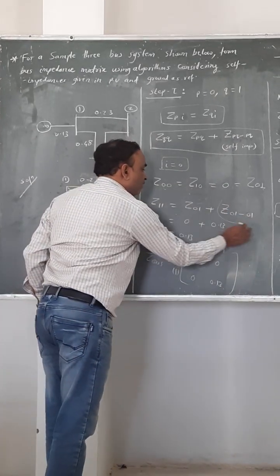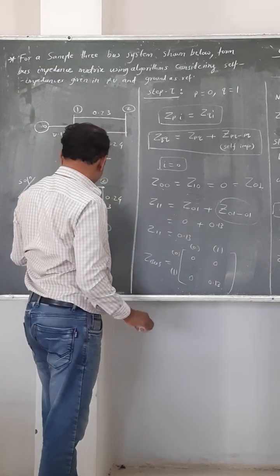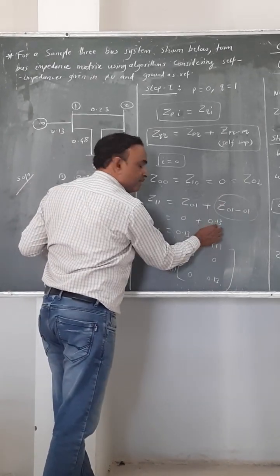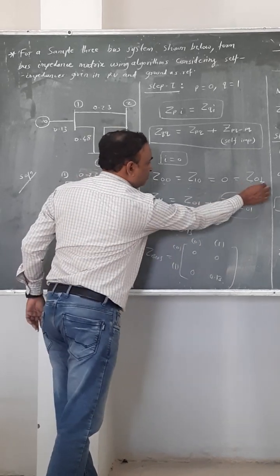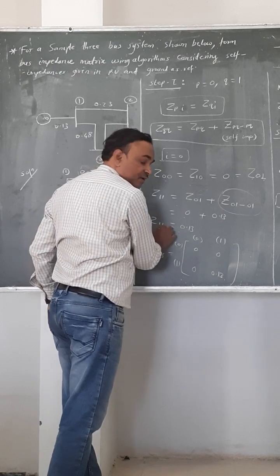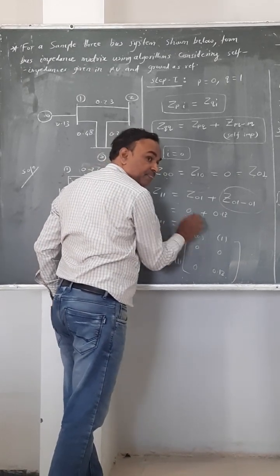This value we have to take from this figure. So what is this value? 0.13. What is the value of Z01? 0. So add this value, we will get Z11 equal to 0.13.